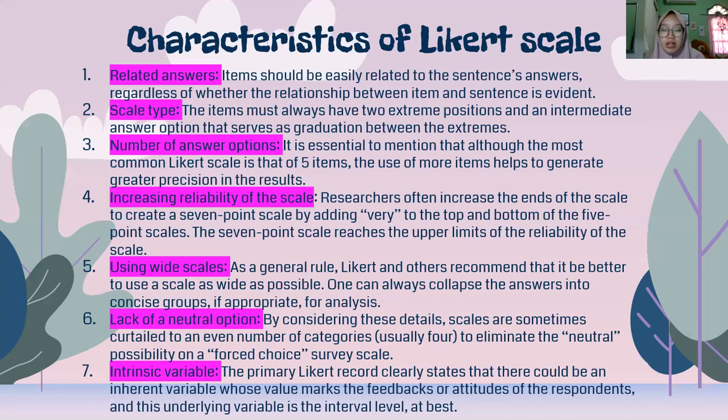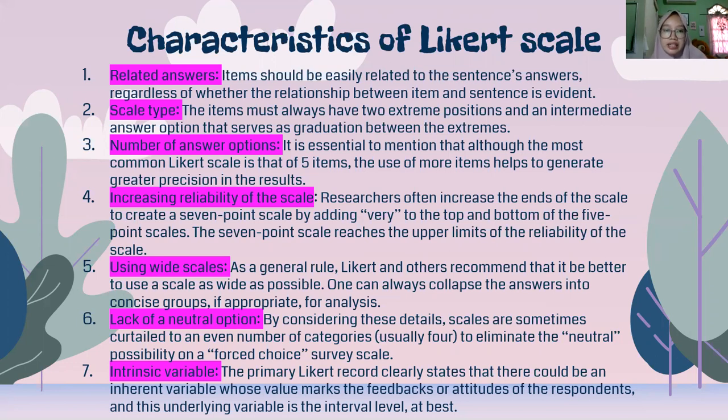The second is scale types. The item must always have two extreme positions and an intermediate answer option that serves as graduation between the extremes. The third is number of answer options. It is essential to mention that although the most common Likert scale is that of 5 items, the use of more items helps to generate greater precision in the results.